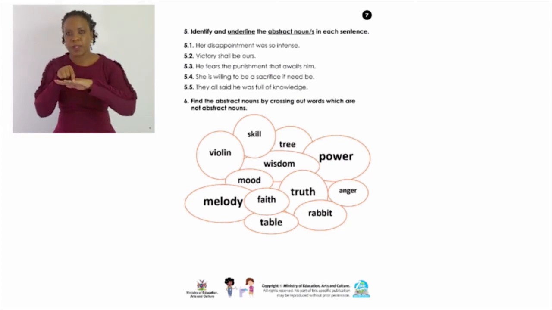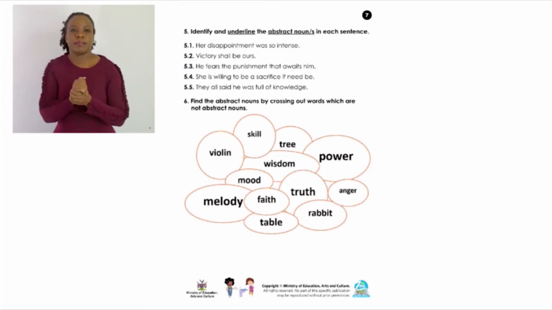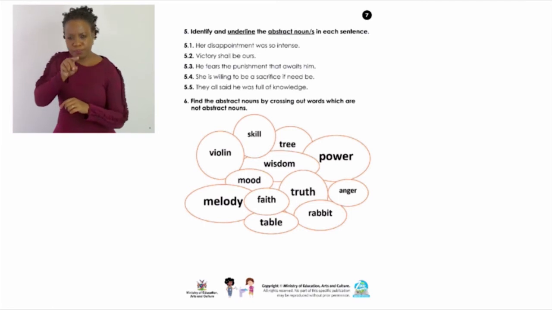The next one is activity 6, which says, find the abstract nouns by crossing out words which are not abstract nouns. Make sure you take note of the instruction there.